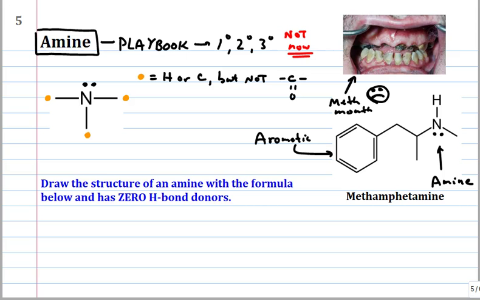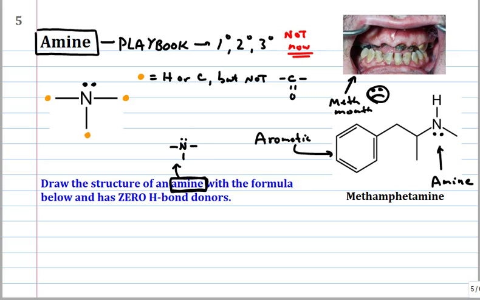So, alright, what else can we do with this? What if I ask you this question? Draw the structure of an amine. There we go, there's a clue. Working these word problems, maybe I've mentioned this, is like walking up on a crime scene. You've got to solve the crime. There's evidence left at the crime scene. A very important piece of evidence here is that I've asked you to draw an amine. So all of a sudden, you know it's got to have that.